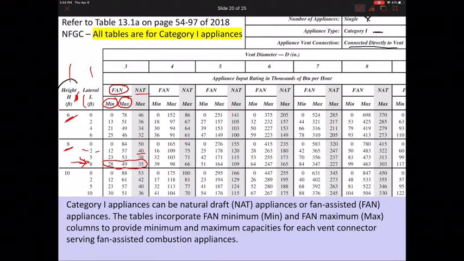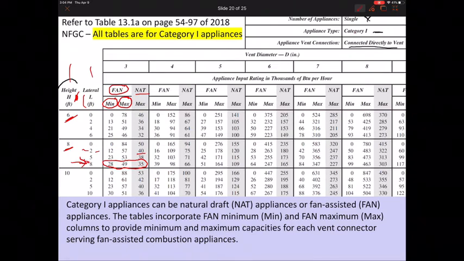And that's independent, so you're talking about one appliance. There's a fan min and a fan max. Part of why they put a fan min and a fan max is that you may have situations where when an appliance that's 2-stage goes into low fire, it may not meet the requirement. So you might have too low of BTUs.